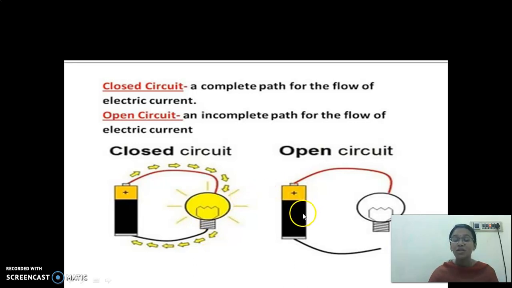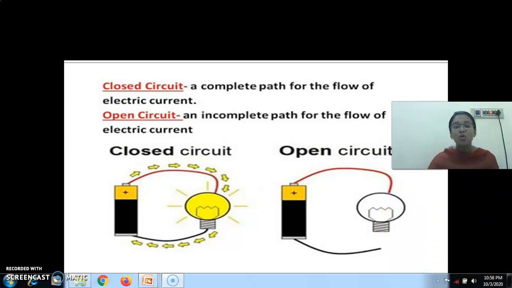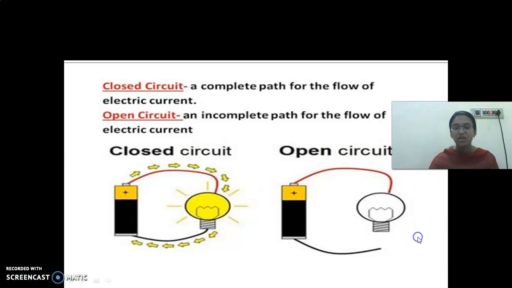And then one more is the open circuit, an incomplete path for the flow of electric current. Look here. The positive end is connected to a bulb, but the negative end is not connected to the bulb. So what is this? It is an open end, so it is called an open circuit.